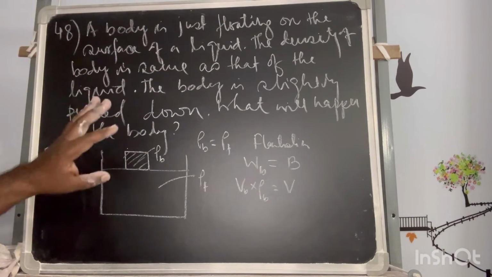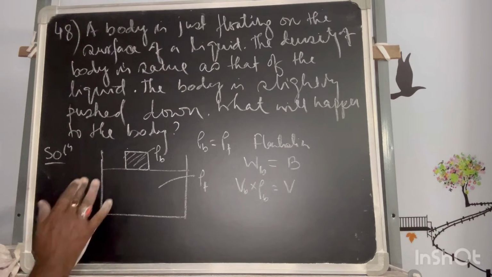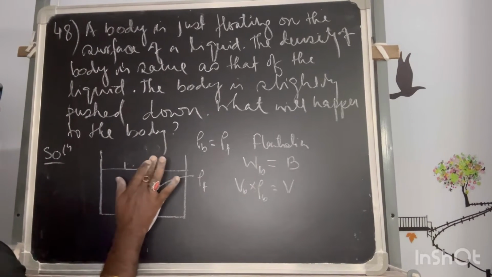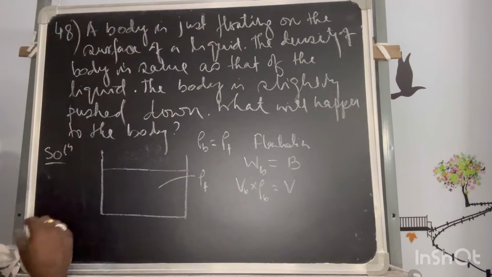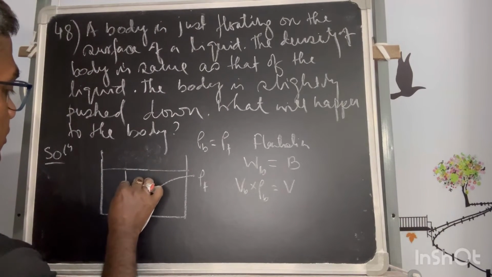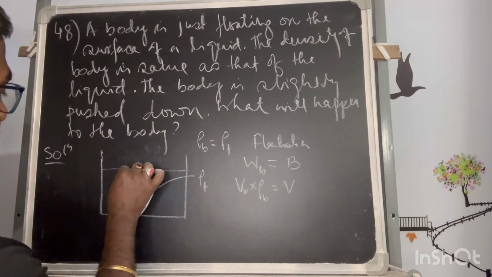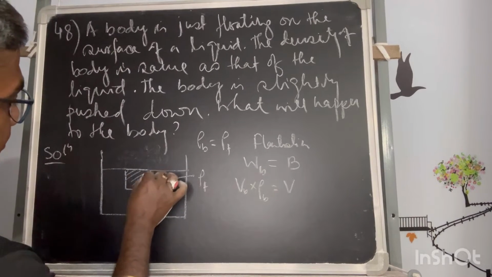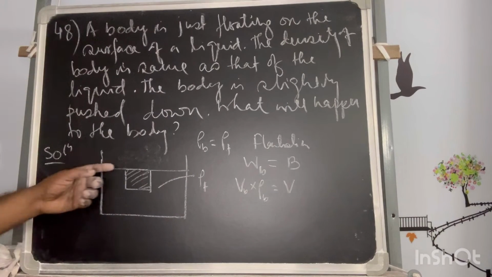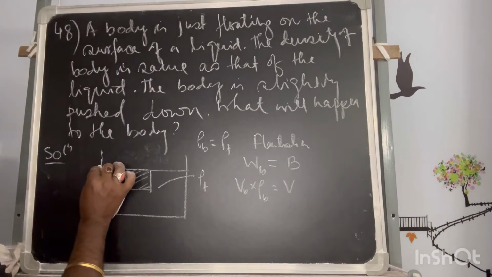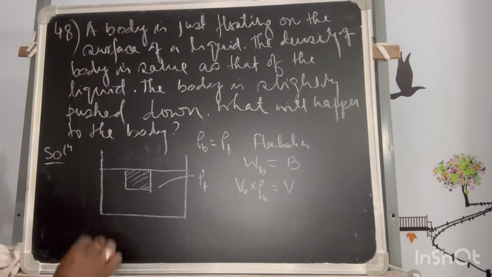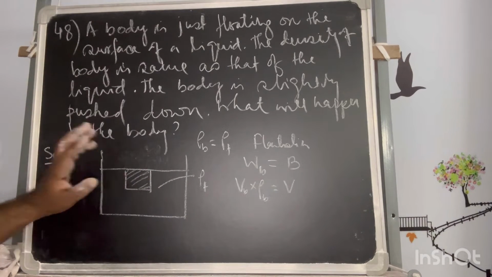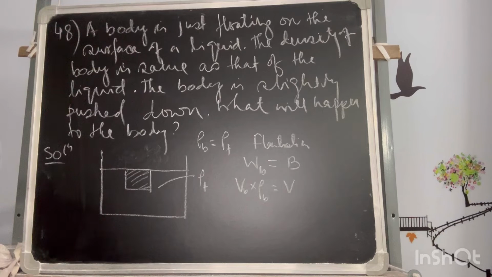Now the body is just floating on the surface. That means the body should not be here. It is floating like that on the surface, just touching the surface. So unless that is dispersing some water, there is no chance of buoyant force.